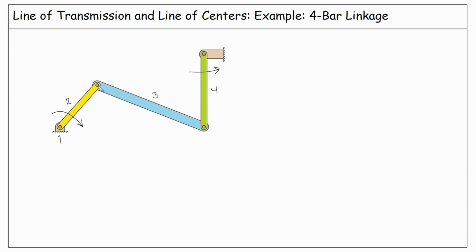In a case of rigid connector like this, the line of transmission is along the rigid link. More precisely, if the rigid link is pinned to the driver and the follower, the line of transmission is the line connecting the two pins. Now the line of centers is the line connecting the centers. Here is the intersection, which we call point Q.